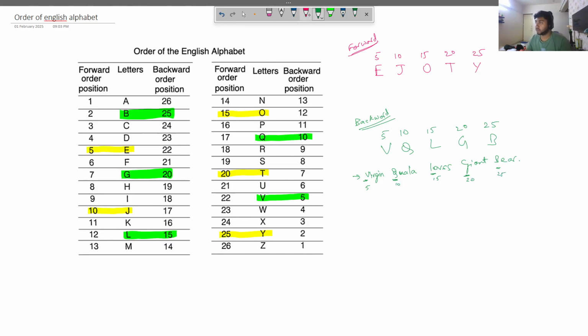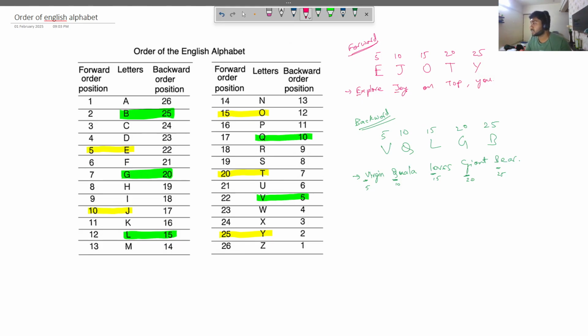And for the forward version, EJOT, I remember it by "Explore joy on top, you," if you know what I mean.